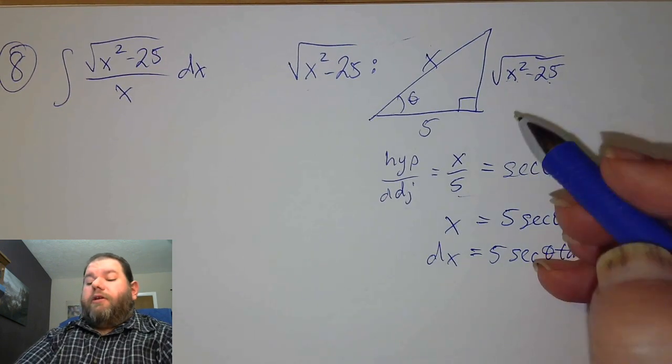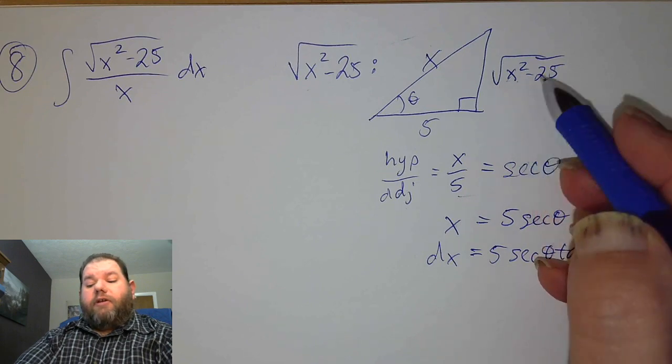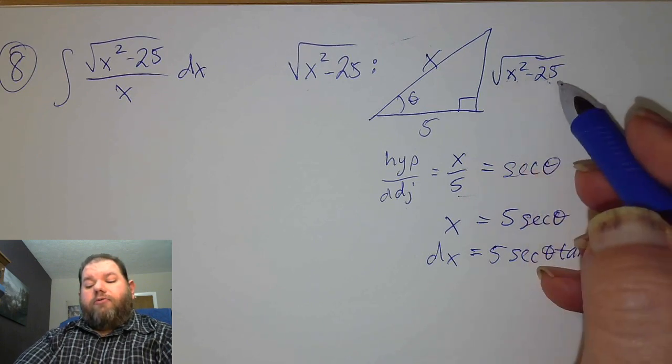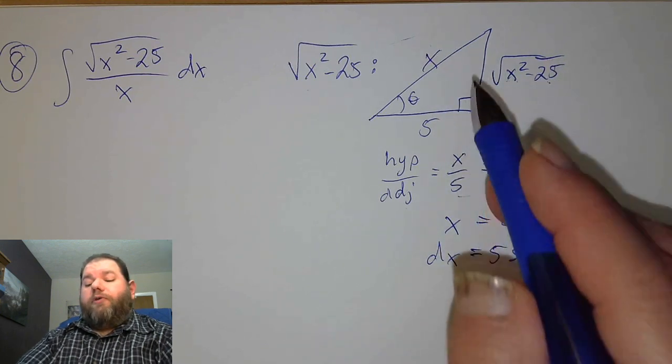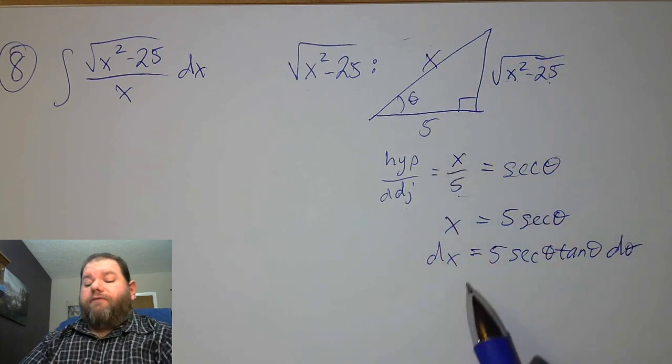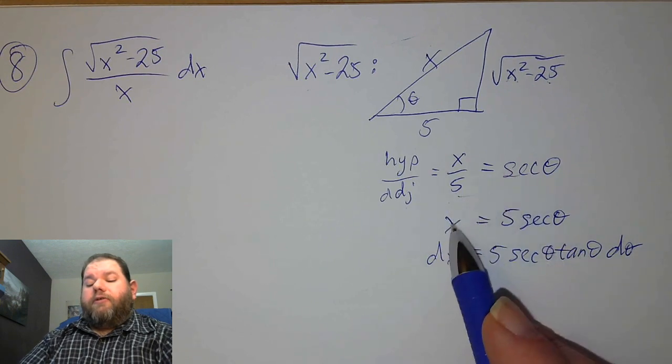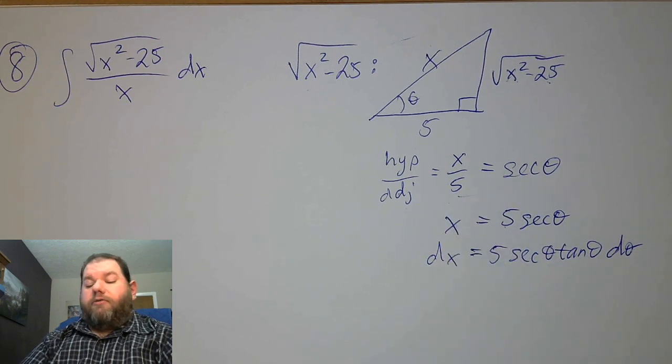Now we also need an expression for our square root. Now again, we want to pair our square root with the constant. Whether we're solving for x or the square root, we always want to pair them with the constant because we can freely move the constant to the other side to solve for that unknown.